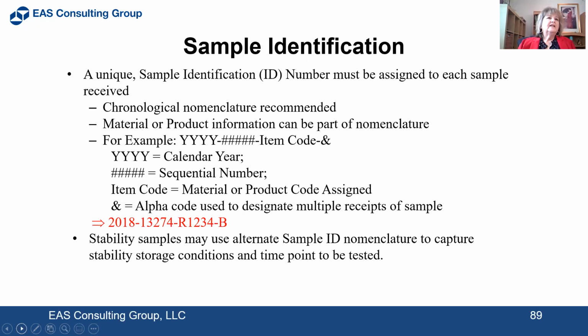For example, you could have year, and then a sequential number, and then an item code. There's lots of different ways to make it up, but it's nice to have a number that means something when you look at it. Stability samples may also use alternate sample ID nomenclature to capture storage stability conditions and the time point to be tested.